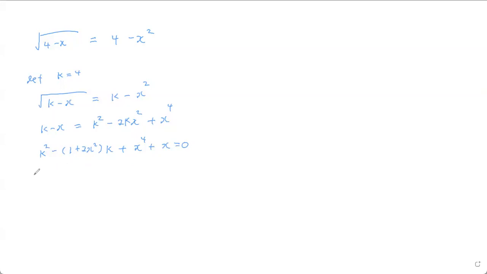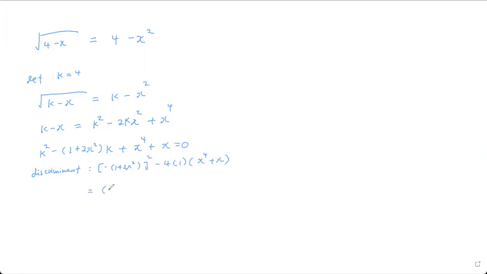Okay, so if I were to find the discriminant, right, the discriminant would be the square of this minus 4 times 1 times x to the power 4 plus x, right? So that's the discriminant. Okay, so let us simplify this a little bit, right?